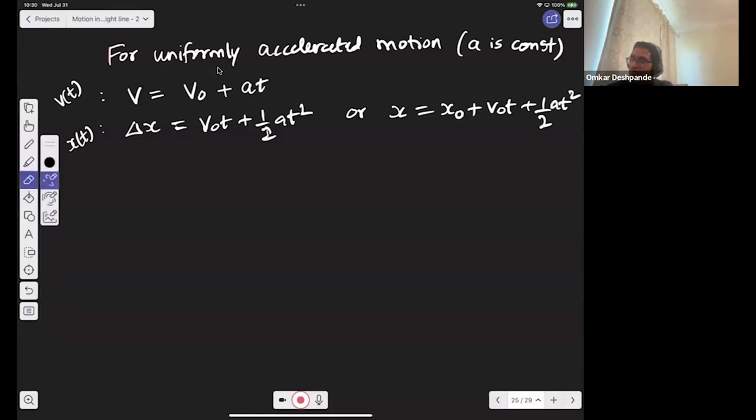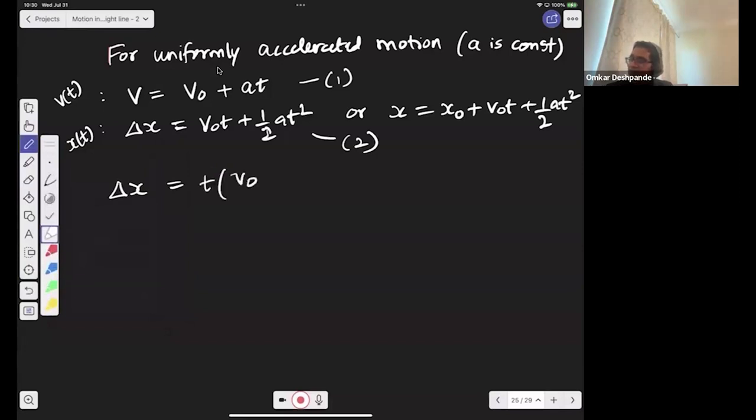Now, we can actually combine these two equations and eliminate time. So delta x is v0t plus half at square, right? So what if I take out t common here?